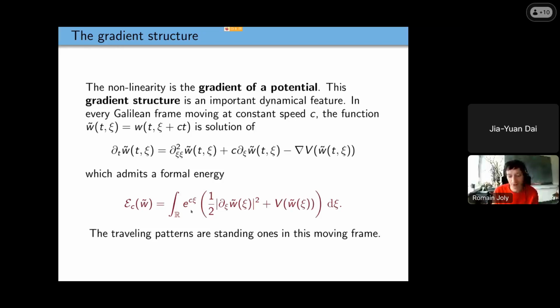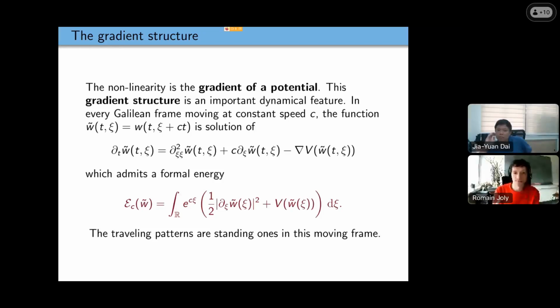But even in the static frame, in the standing frame, this energy may be infinite. And even if you start from a solution where this energy is finite, then it is non-increasing, but it may converge to minus infinity. So you have no information like convergence to equilibria. It's not easy to use this formal structure.